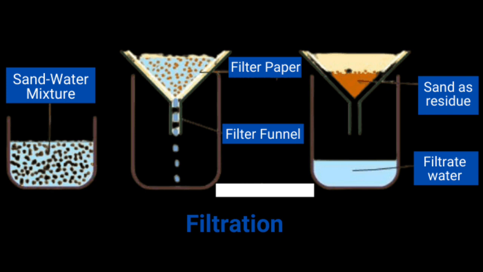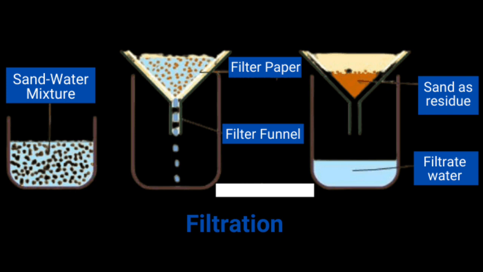When we're talking of filtration, we're talking about using filter paper. So you pour the mixture into a filter paper, and the filter paper is a porous material. The liquid will pass through those tiny pores, and the residue will remain on the filter paper. So you filter and you have your residue separate, and the liquid goes through.